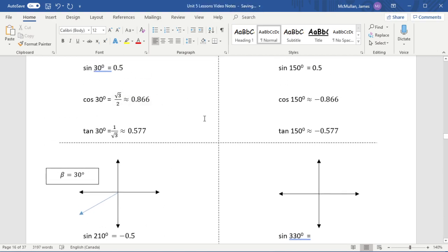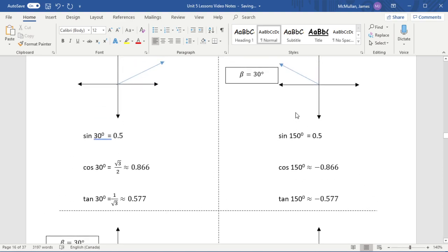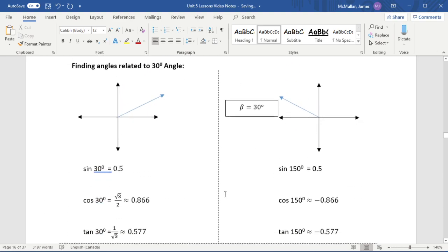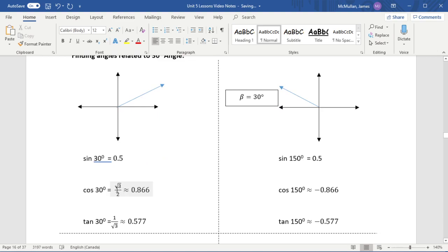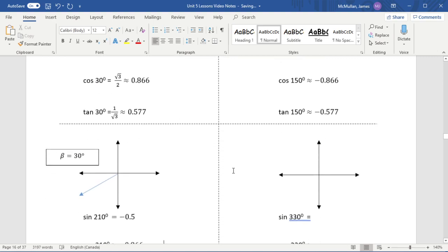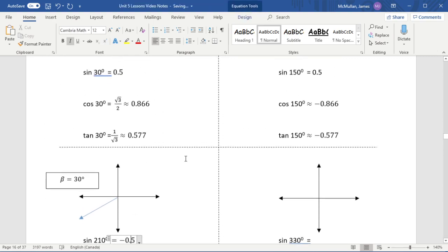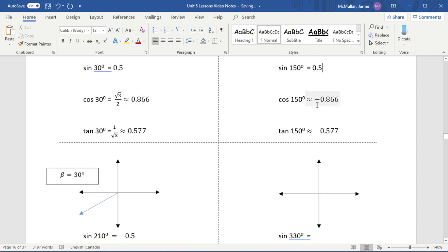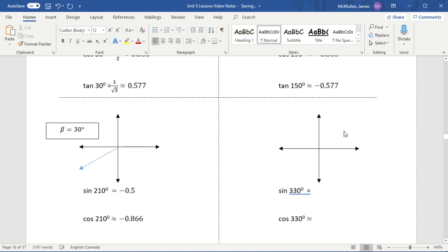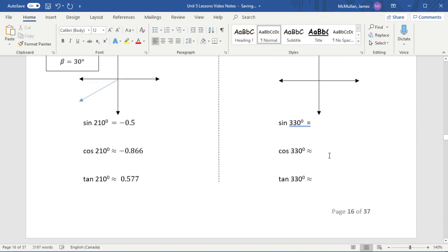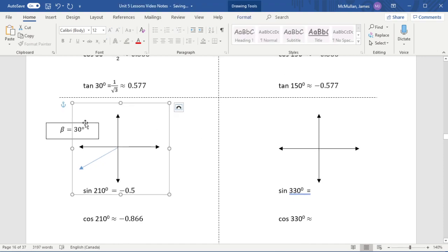Okay, so one pattern that might be becoming clear to you is that when you take a trig ratio of an angle, it always gives you the same value as what it would have given you if you just took the related acute angle. What seems to be a mystery is why sometimes it's positive and sometimes it's negative. So we're going to keep going on this and we'll see if we can get to the bottom of it.